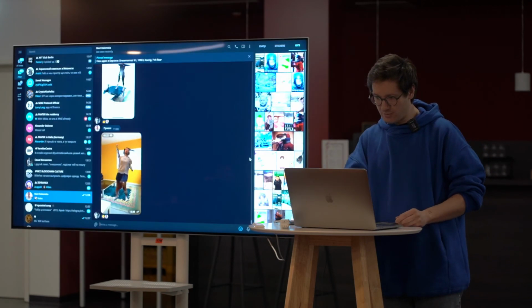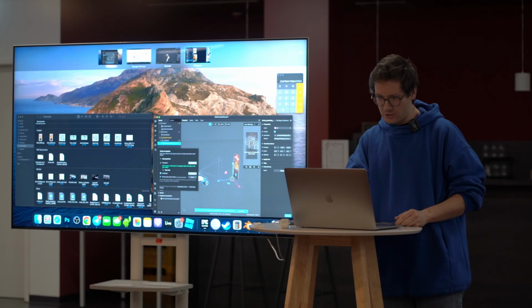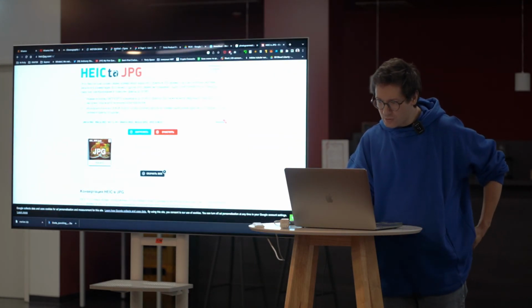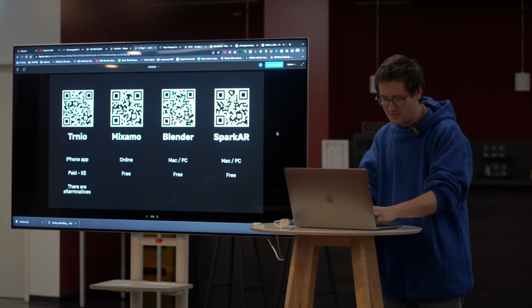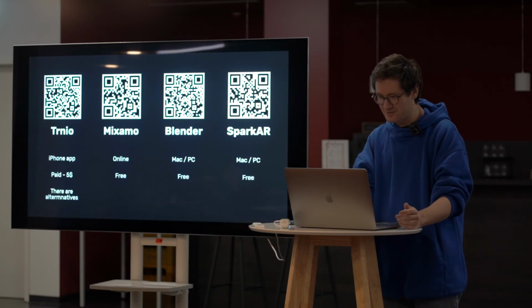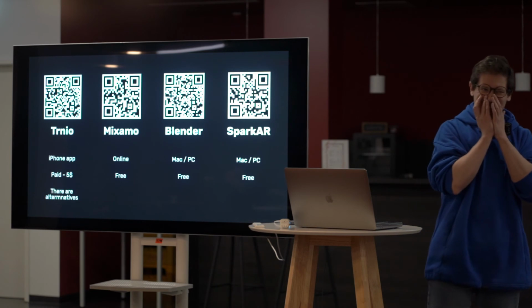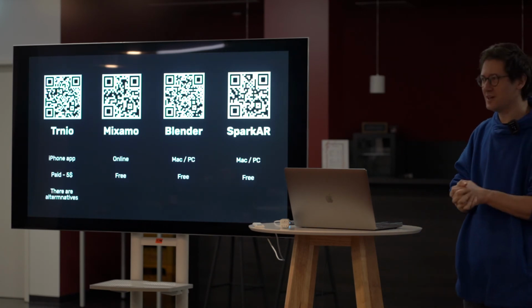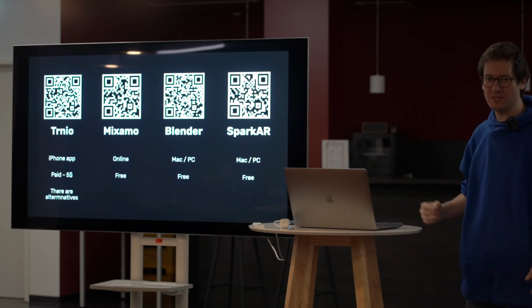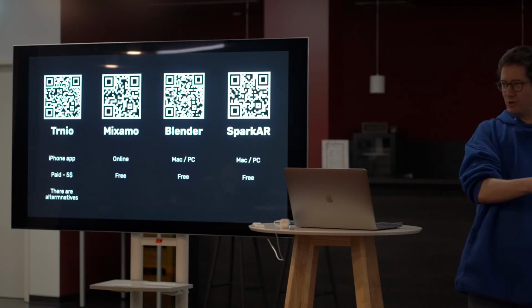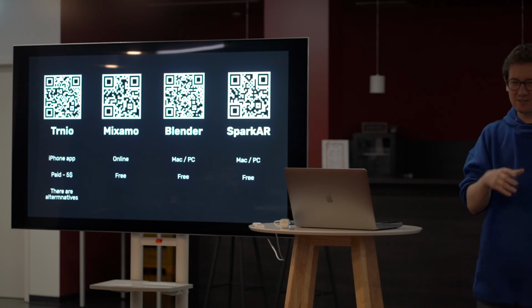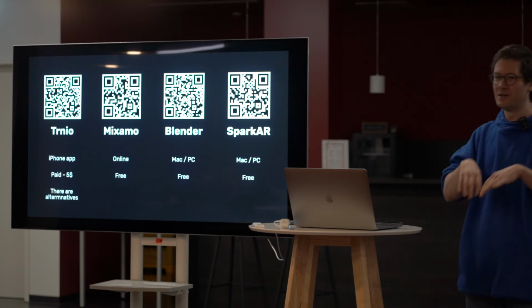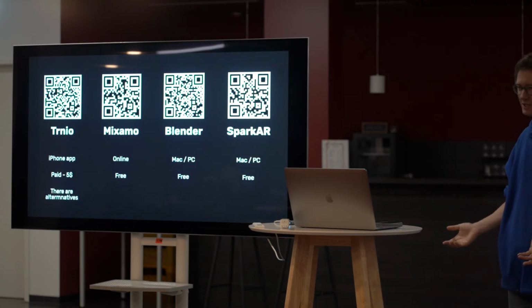To recap, I just want to tell you that we were working with 4 programs. I understand that it is overwhelming information. That's how I designed it and planned to do it. I just wanted to show you lots of different things, so you understand that Trinio is something you can scan a person with, for example, and there are lots of other apps and ways to do that.